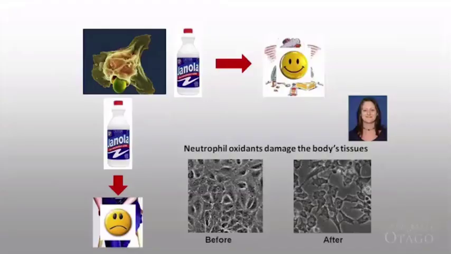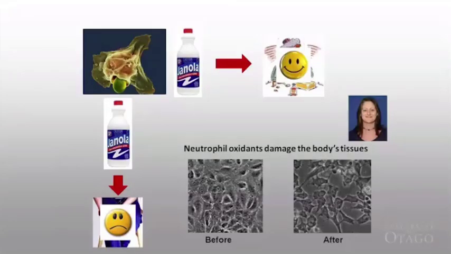This area of research has been one of our major interests for quite a number of years, and there's still a lot to learn, but we have learned a lot about the production of these oxidants by these cells. Here's an example of some of the work we're currently doing.